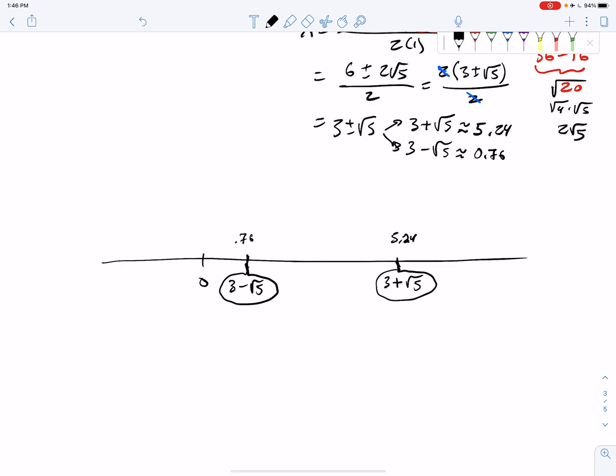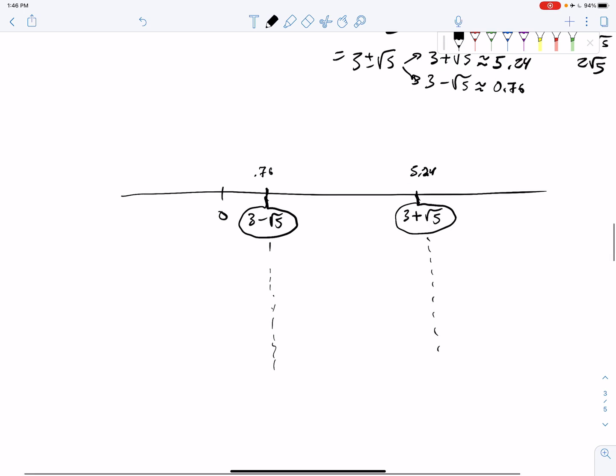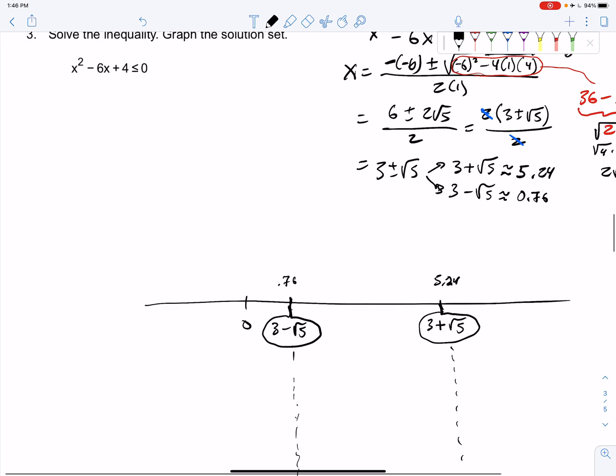All right, now what? Well, now we have our regions to test. And I would not use square root of 5 in my test. I would find some nice values. Let's see what we have. Now this cannot be factored, so we have to use that. So you're not going to have that nice streamlining effect, but we can still do this.